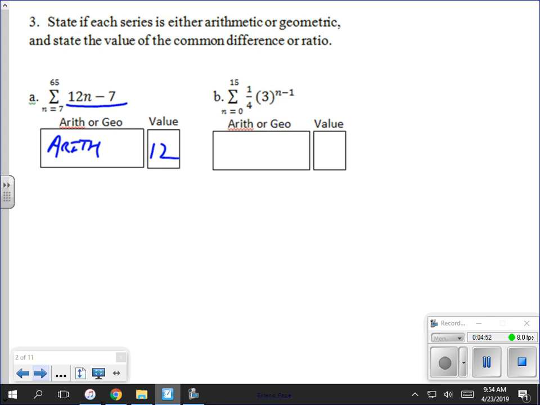And this one, because I have it raised to a power, it's an exponential. That would make it geometric. And the number that's being raised to a power, my base, is 3, so my R is 3. You have to be able to recognize the equation as what type of equation I have.